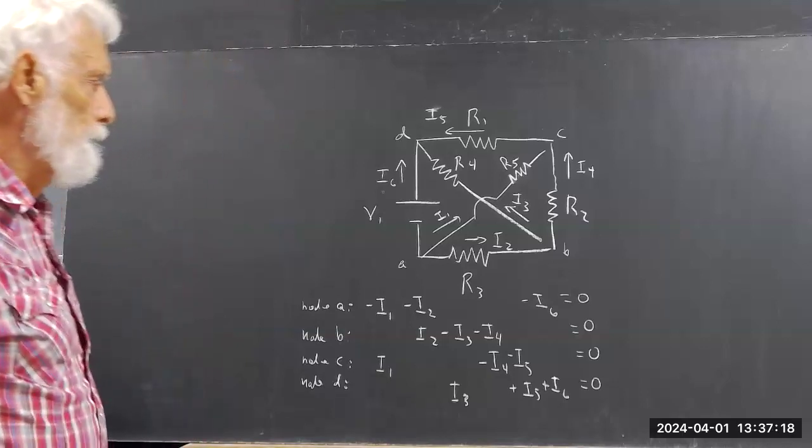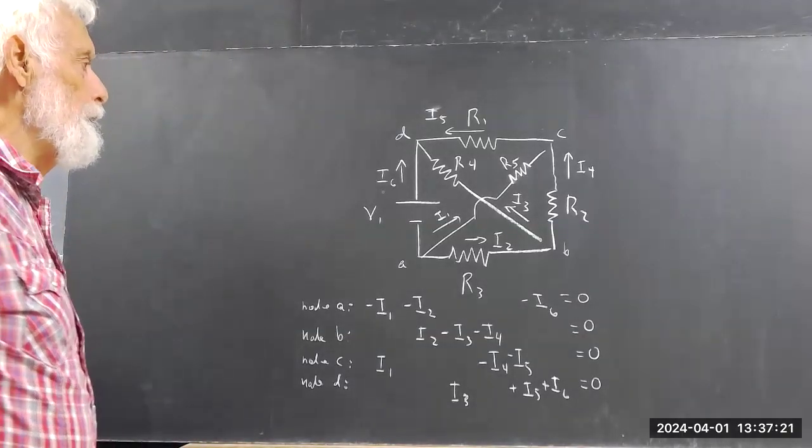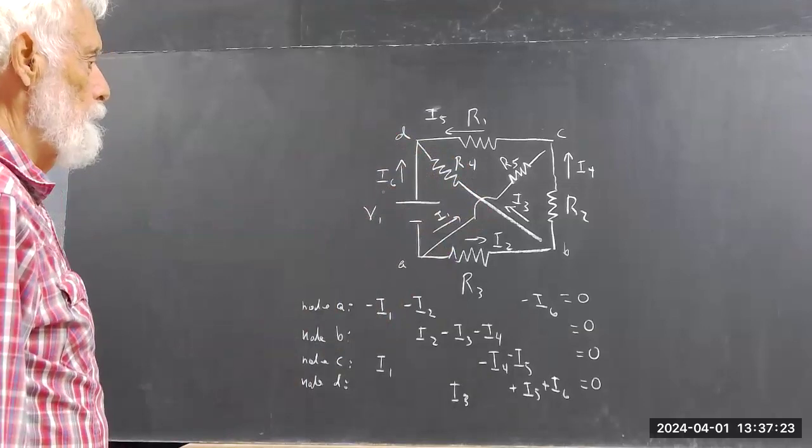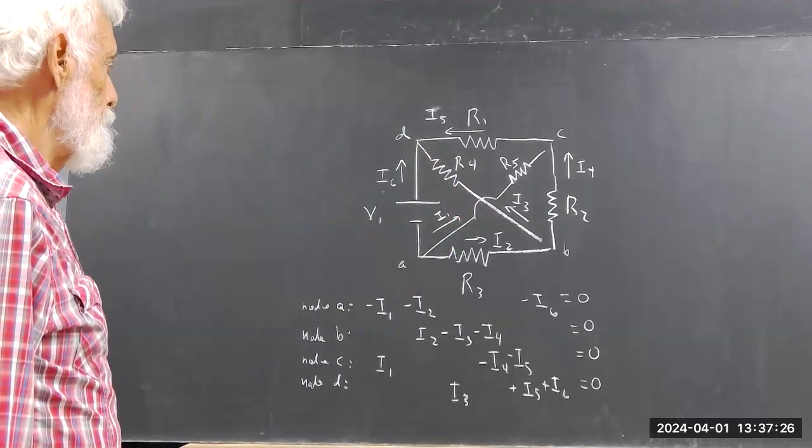I don't think that's necessarily a great idea. So anyway, I'm going to choose one loop that contains the source voltage.